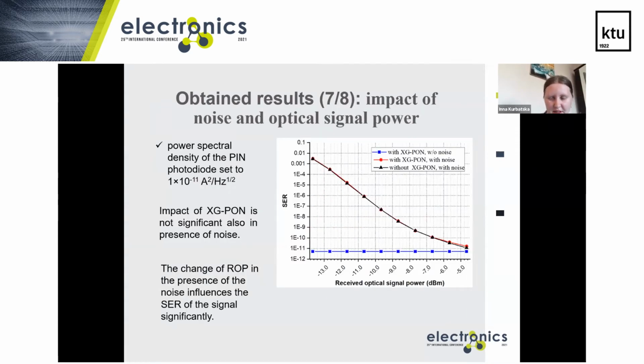Next was the impact of noise regarding the received optical signal power. And here we see that, again, XG-PON doesn't affect anything significantly, but noise and power are very important.